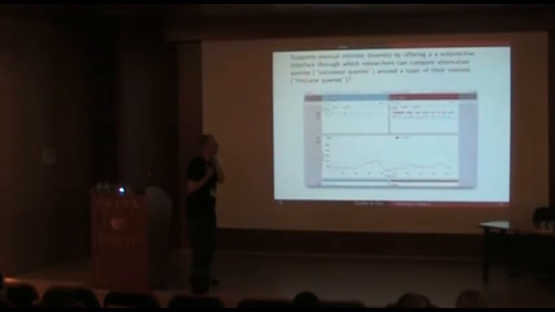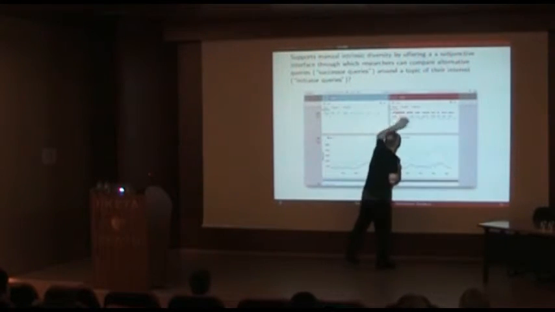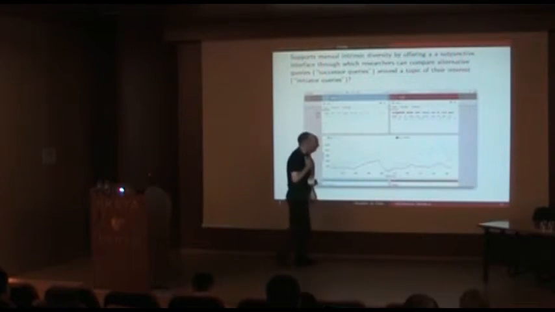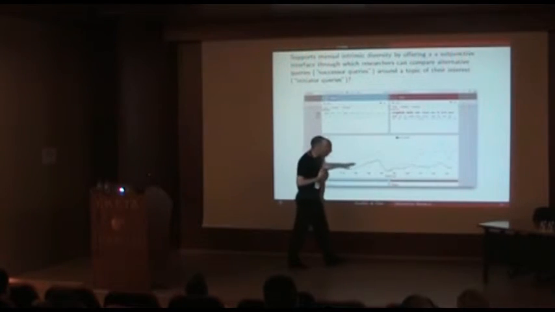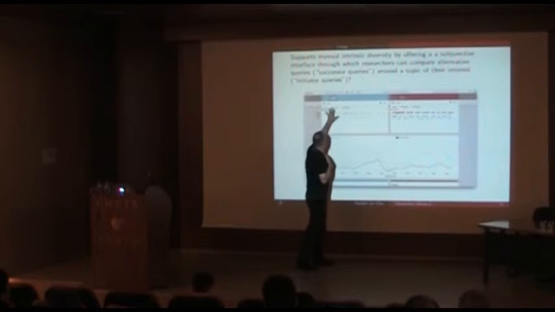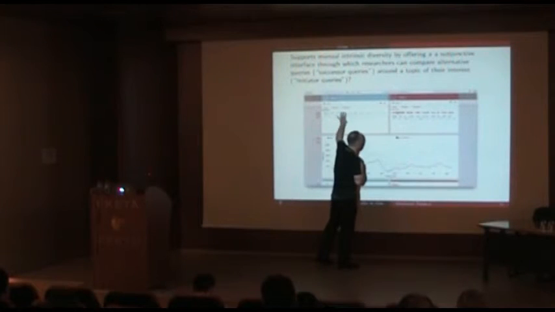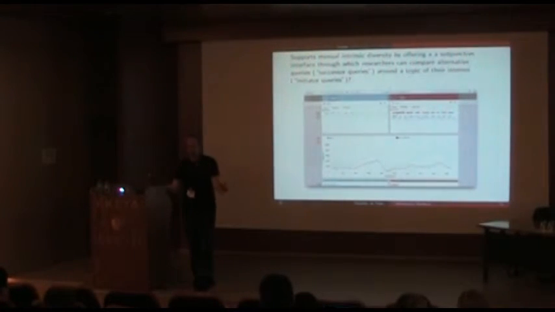So here what you have is a double interface, so you can submit two queries, and you get two result lists down here, and you see the query volume for the two queries, the result volume for the two queries over time, and you see similar panes, for instance, a genre, you can zoom in on entities, what have you, left and right. Right, so rather than us trying to solve the diversity problem algorithmically, we helped them solve it themselves.